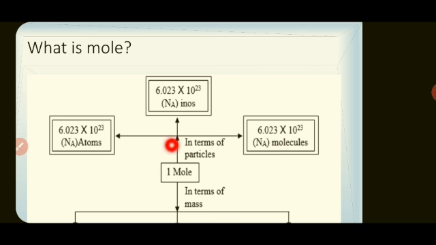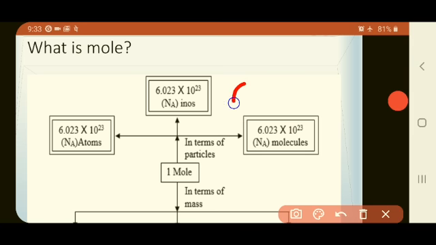So 1 mole may be atoms, ions, or molecules, but the quantity remains the same. Now you may get confused: in the earlier slide I told you the value is 6.022, but here it is taken as 6.023. Both values are correct.